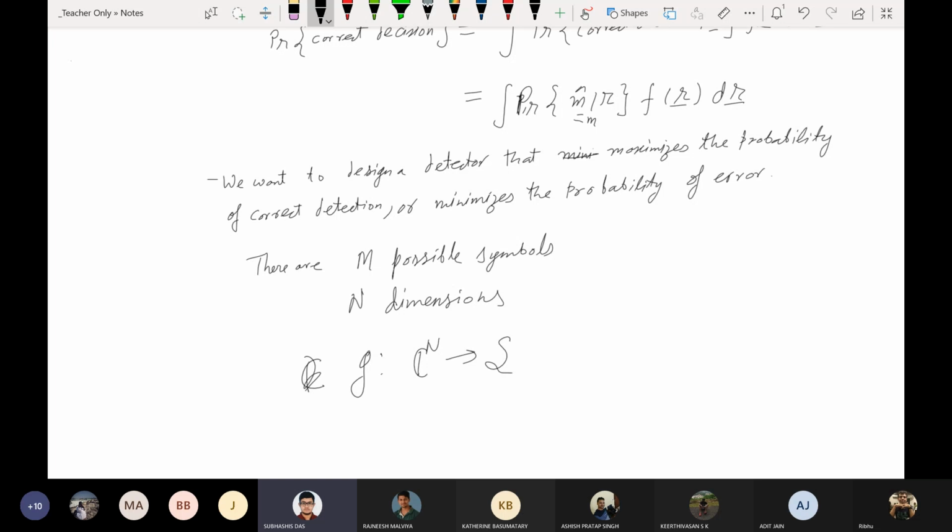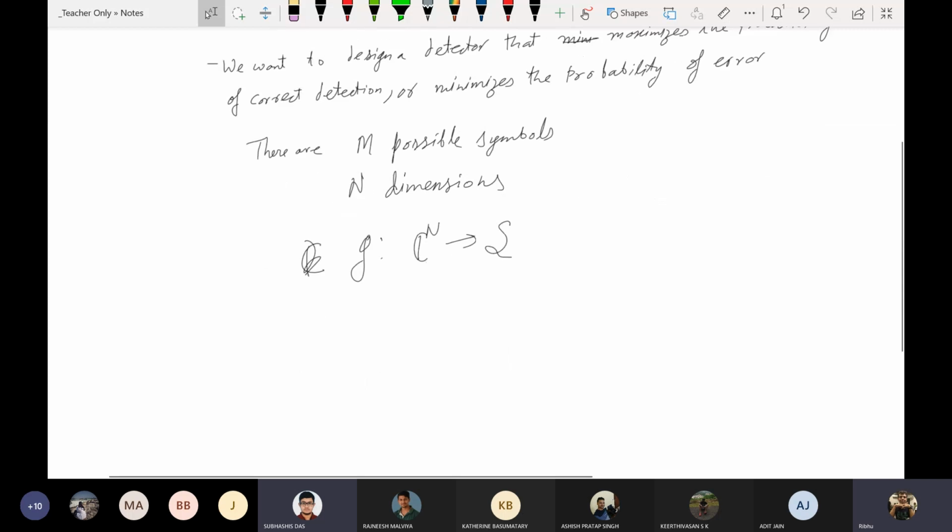Yes, sir, there was some confusion from there on. n is the dimension. So if you are talking about something like QAM, n will be 2. Sir, and M is the cardinality of set S. Yeah, M is the cardinality of set S. Okay.